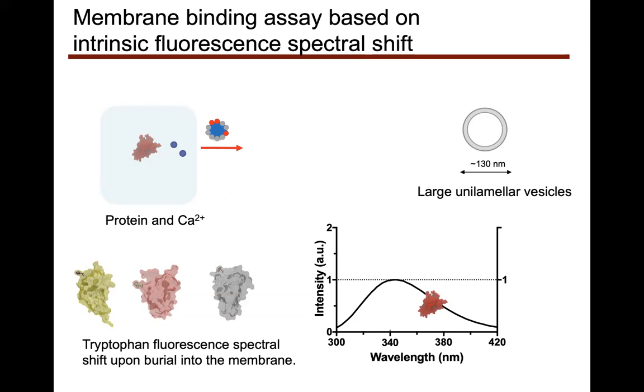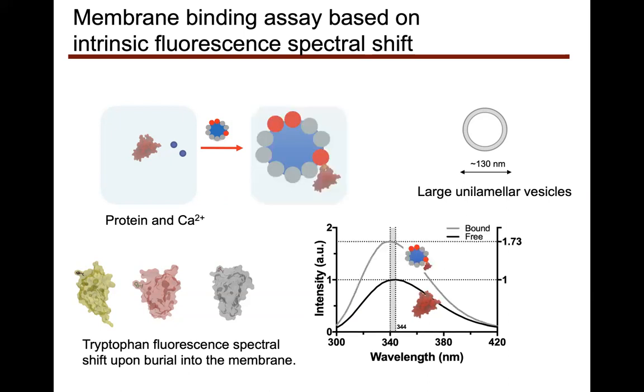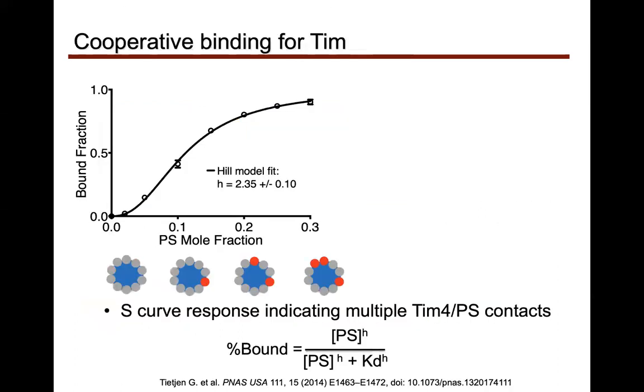We control the amount of PS, represented in the cartoon by these red dots, to change the surface density and the surface presentation. Between the unbound state, where the tryptophan is in an aqueous environment, and the bound state, where it is inserted in a hydrophobic environment, a spectral shift occurs.